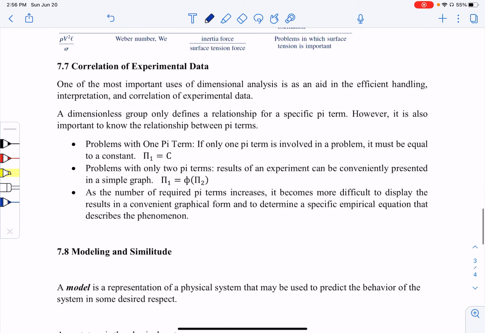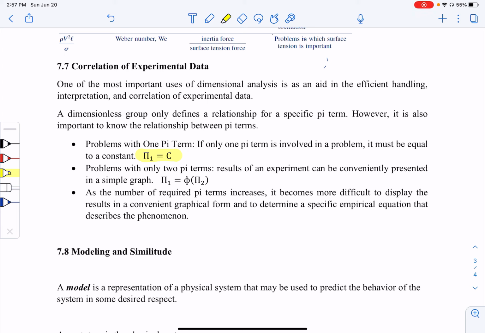Now, when we have created the pi terms and are trying to see the relationship between them, if we have only one pi term, it is pretty easy, and we can just say that pi 1 is equal to C, where C is a constant.